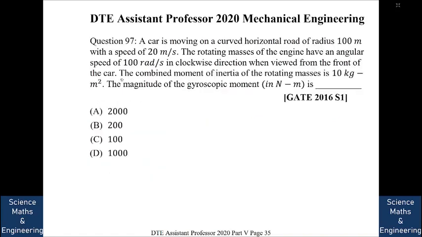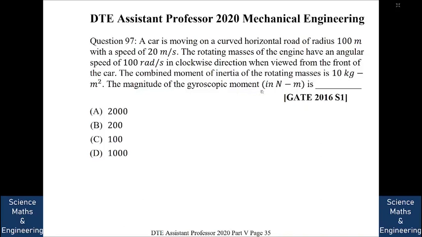Next question. A car is moving on a curved horizontal road of radius 100 meter, with a speed of 20 meter per second. The rotating masses of the engine have an angular speed of 100 radian per second in clockwise direction when viewed from the front of the car. The combined moment of inertia of the rotating masses is 10 kg meter square.